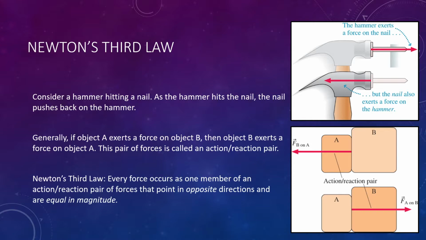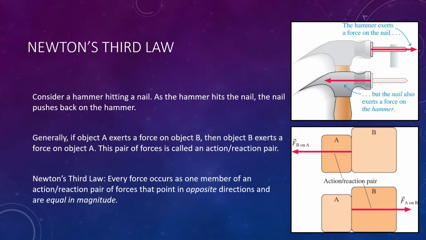So in general, we don't have to be specific and say a hammer or a gun. We can just say, if object A exerts a force on some object B, then object B will exert a force back on A. This is a pair of forces that we call an action-reaction pair.